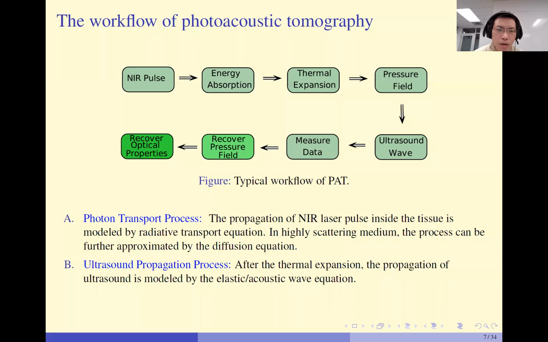So nowadays, more and more researchers are trying to adopt these transport models to get a more precise physics for this process, since the tissue is relatively small. And for the ultrasound process, usually people use the acoustic model, but for some medium like bones, there are also elastic models involved.